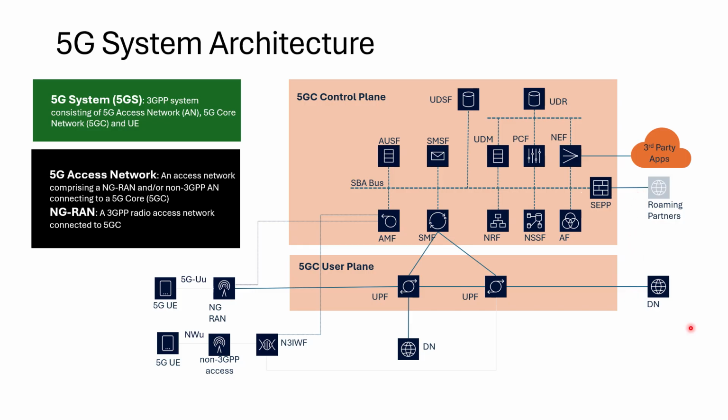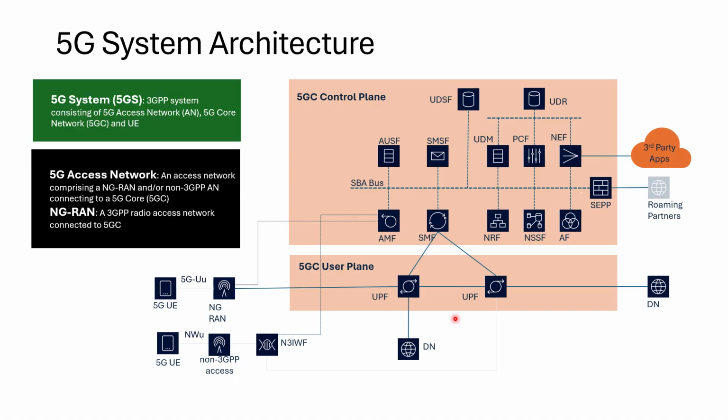Finally, on the bottom side we have the UPF, that is the user plane function. Here the SMF in the control plane establishes the rules and sends them down to the UPF. And the UPF does all the heavy lifting.